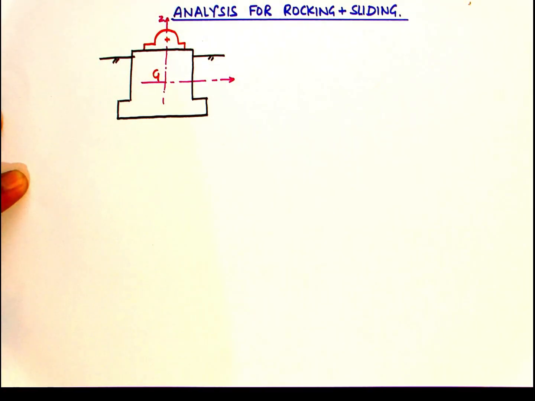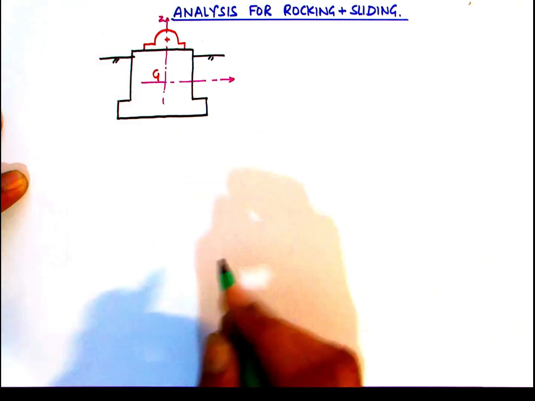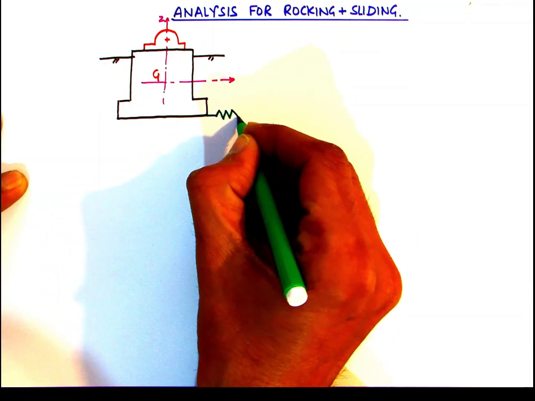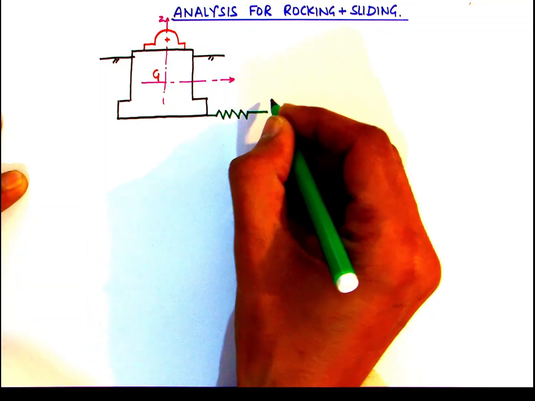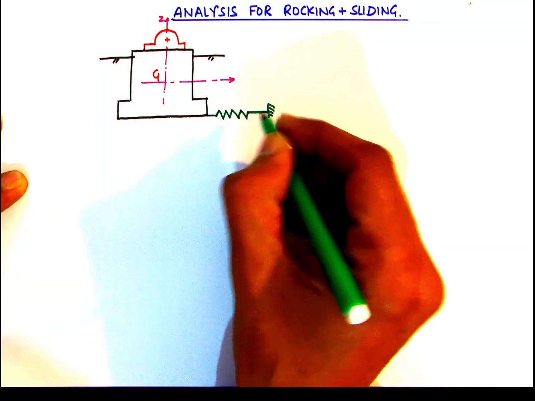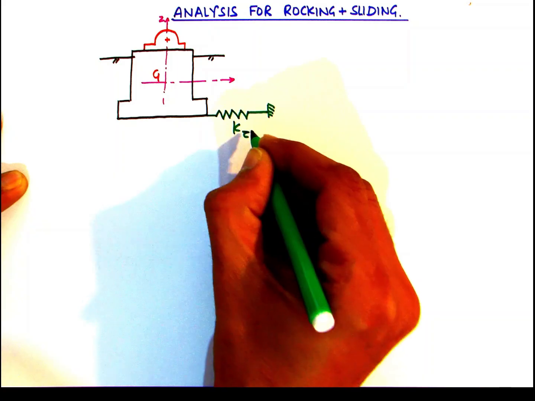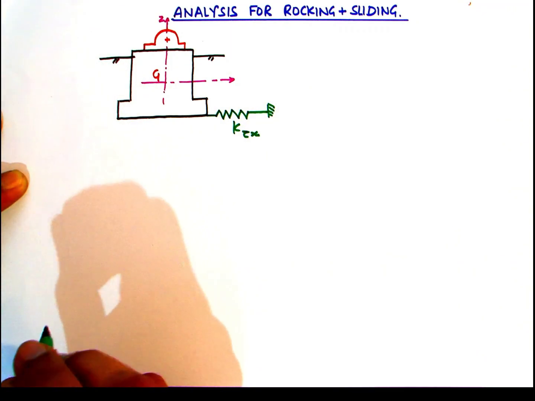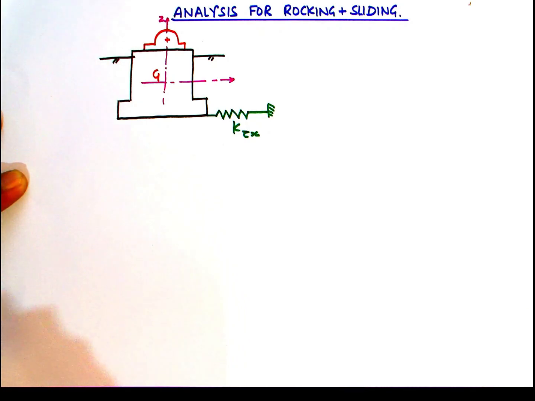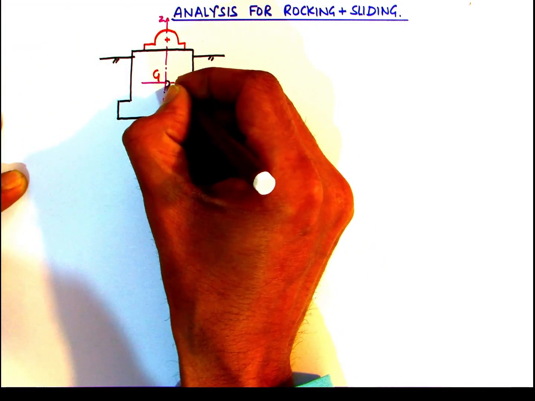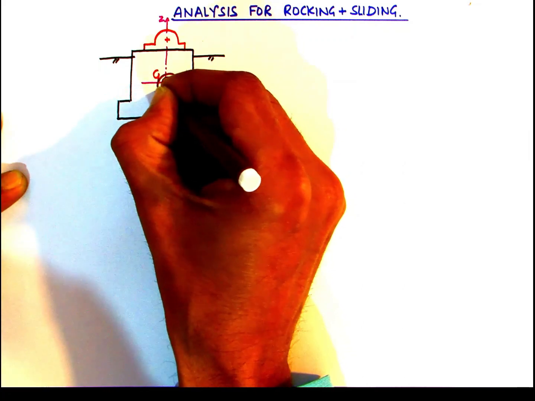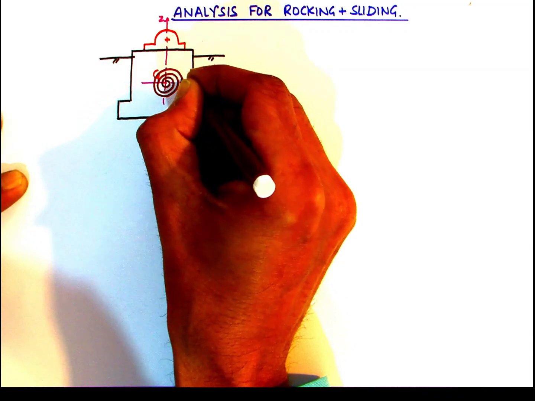We have the x-axis towards the right and z-axis vertical, and we are drawing the coordinate system through the combined center of gravity G of the machine, the block and the base. So essentially the soil stiffness can be simulated as a combination of a linear spring connected at the base and a rotational spring connected at the center of gravity G.